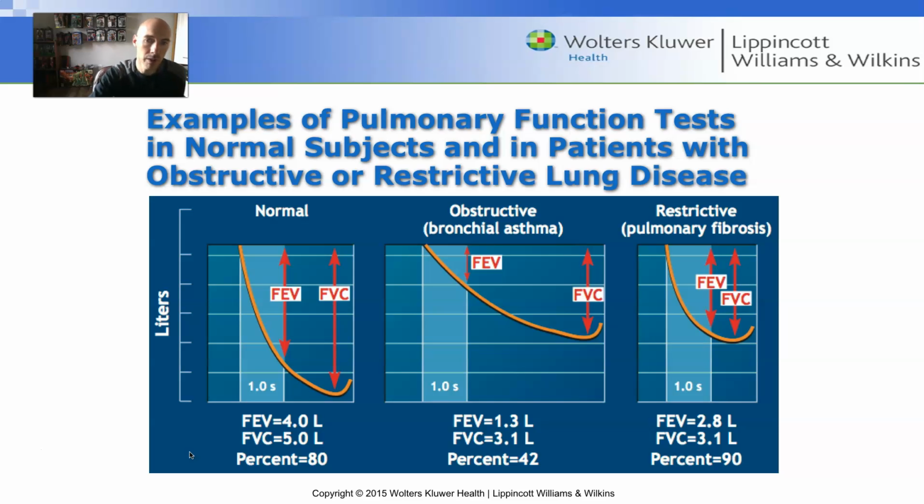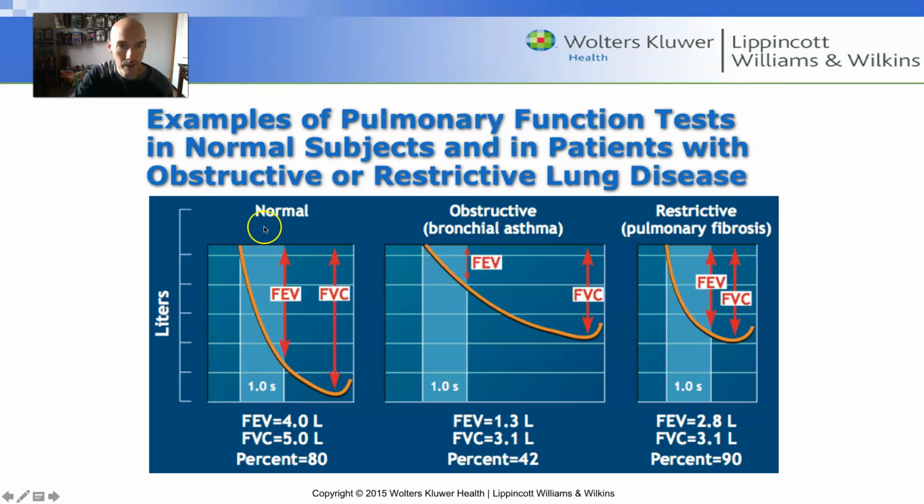So what we do is we take these values that we obtain from forced vital capacity tests and we compare them to normal, right? We have these charts that have been compiled and developed that tell us what a normal value is, and we compare an individual score to what is normal for their demographic population.